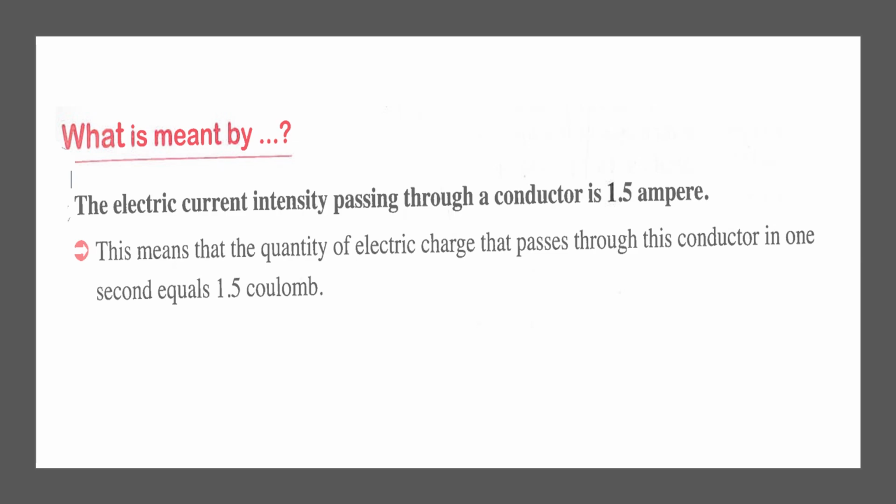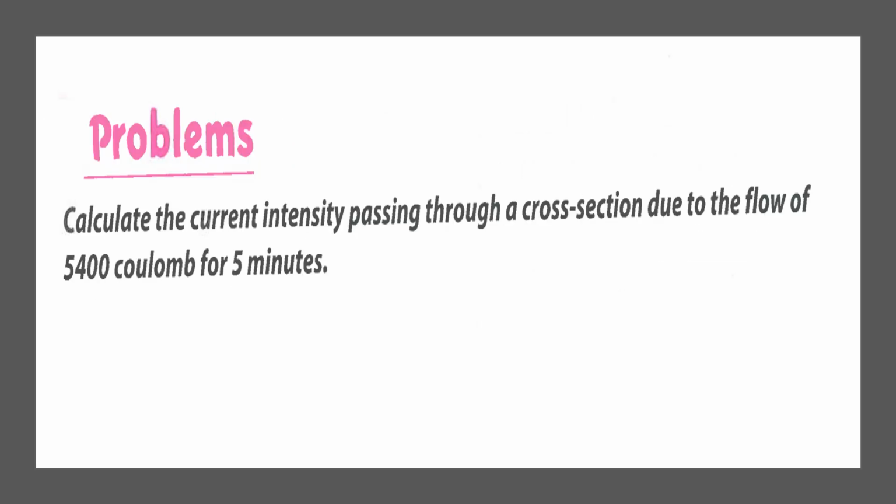What is meant by the current intensity passing through a conductor being 1.5 ampere? It means that the quantity of electric charges that pass through the conductor in 1 second is 1.5 coulomb.